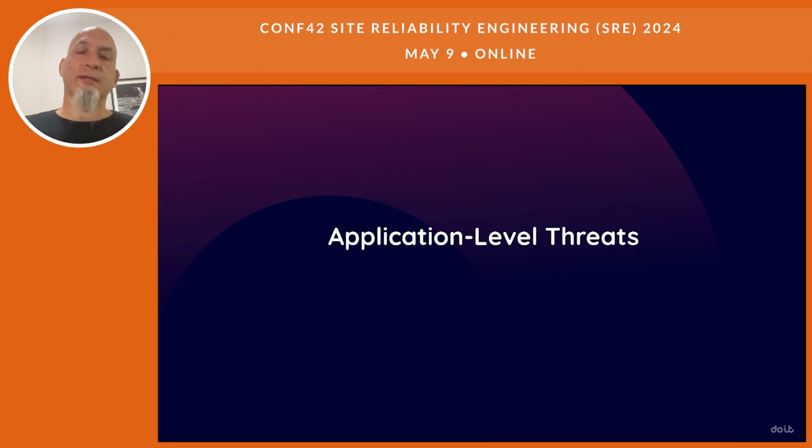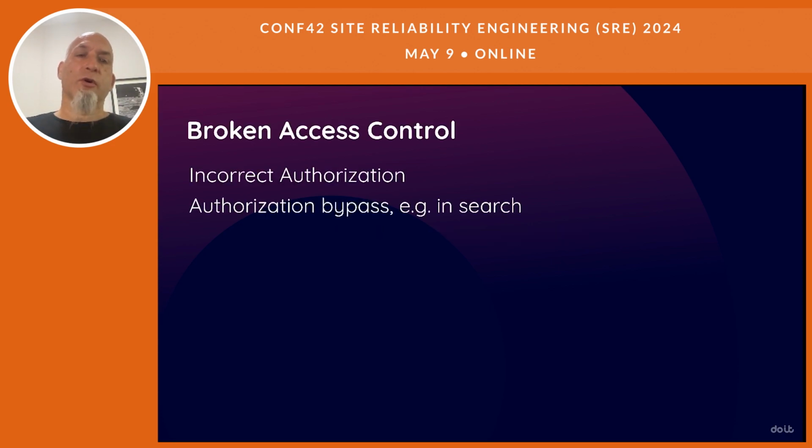The worst type of threats are application level in your application. Broken access control. Incorrect authorization of page. So, what if you have hundreds of pages, hundreds of PHPs, JSPs, and some of them have not correctly defined who's allowed to see them?